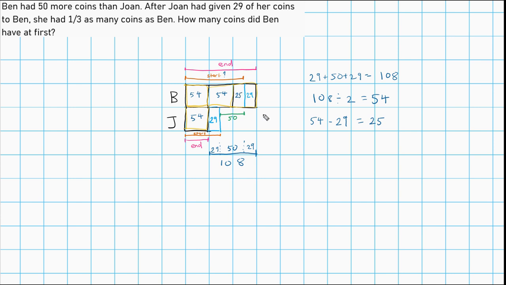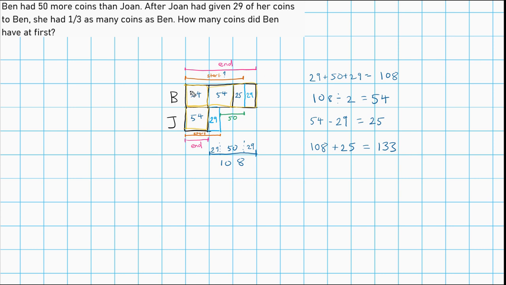So what do we need to know? We've got 54 and 54 and 25. We already know from this calculation here that that is 108. So we can do 108 and then add the 25.